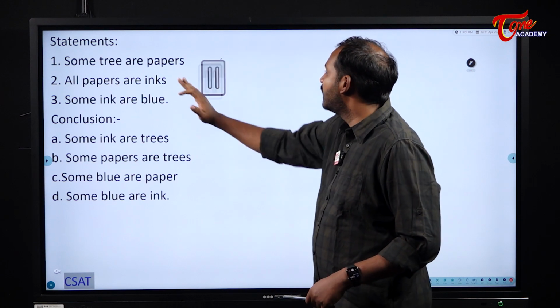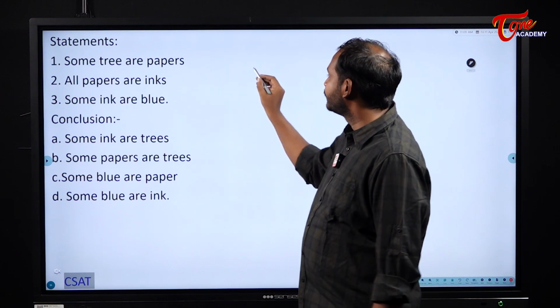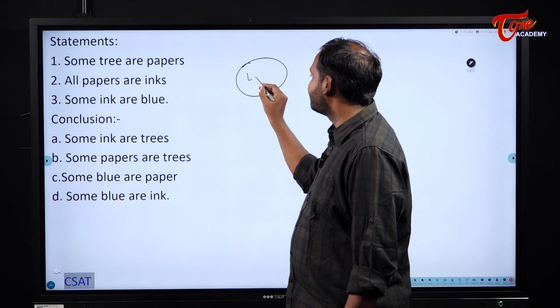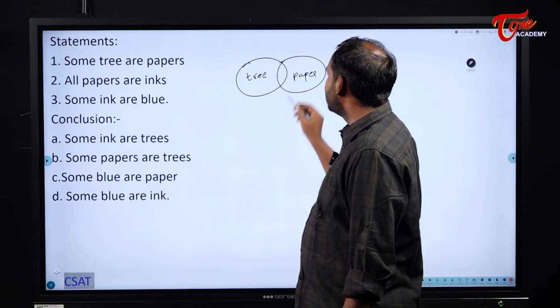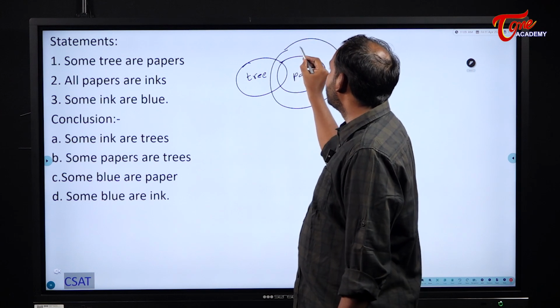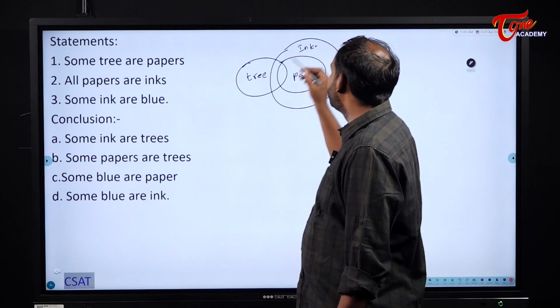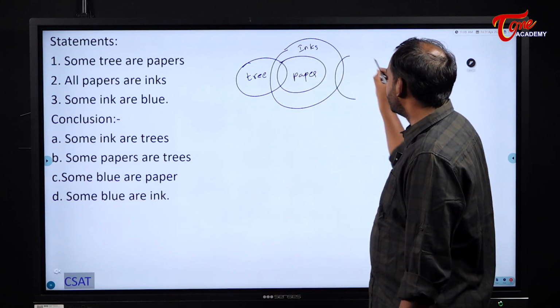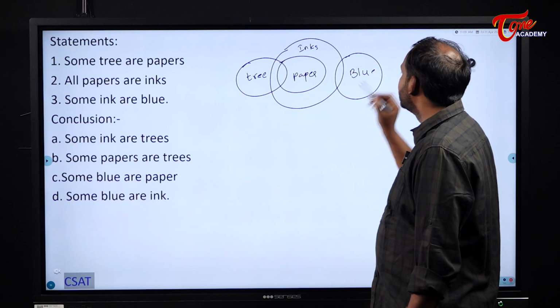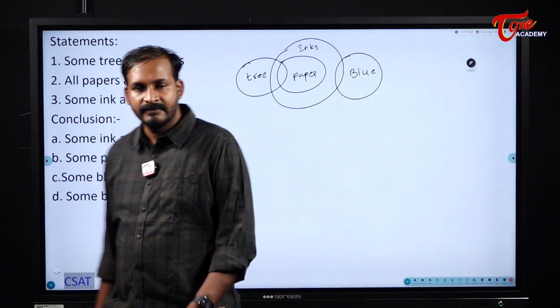You can draw the basic diagram. Okay, now what I will draw? Tree or paper. Okay, next, all papers are inks. Next, some inks are blue. Right, this is the basic diagram for me.